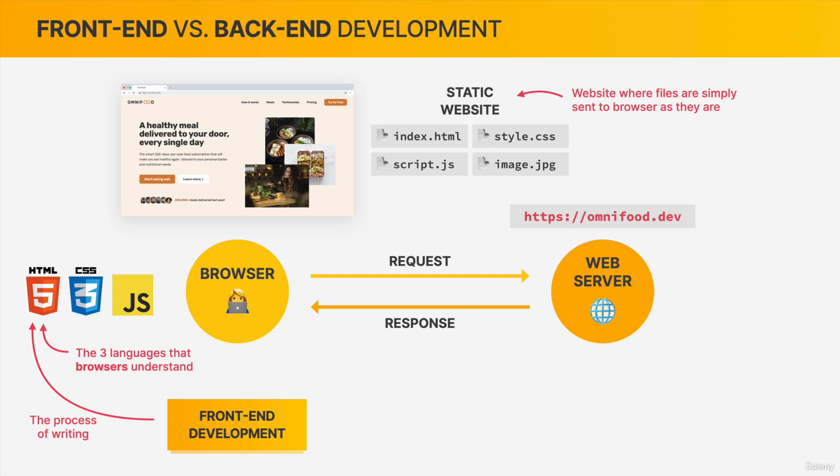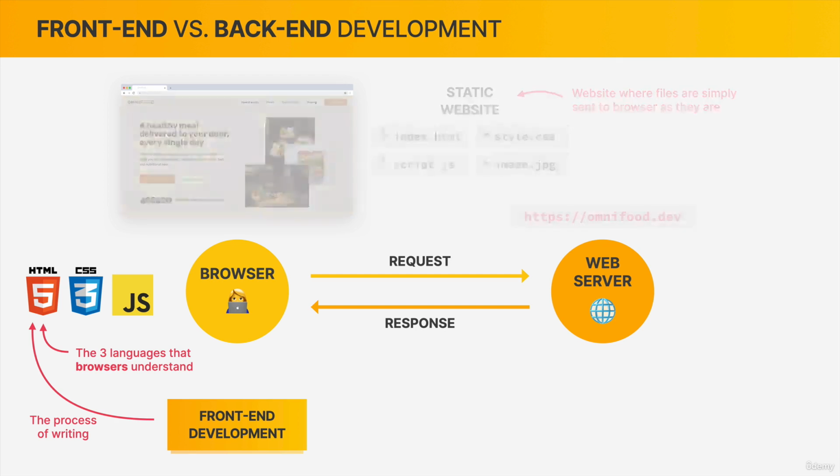But for now, just keep in mind that a static website is basically a website where the files are simply sent from the server to the browser as they are, so without any transformations. All right? So I hope that from this you learned what front-end development is and also about the 3 core technologies that make up any website. And so now let's take it one step further and talk about something called back-end development.